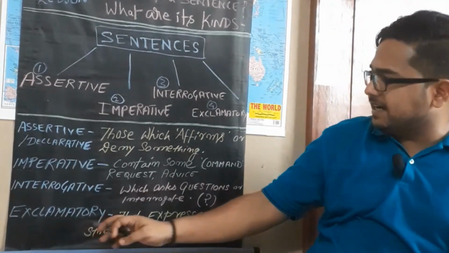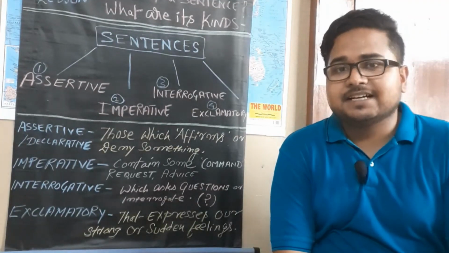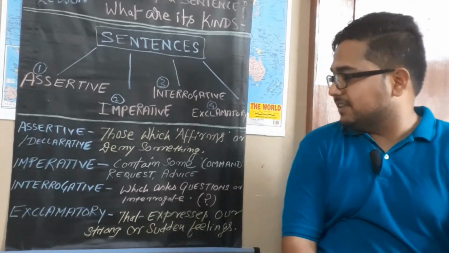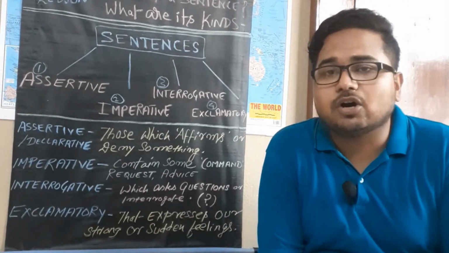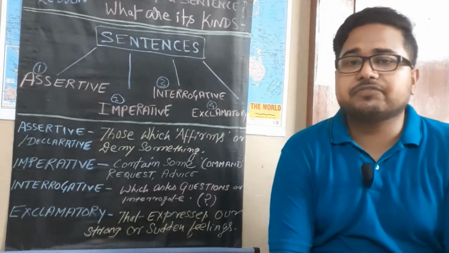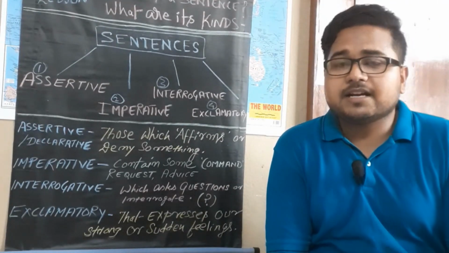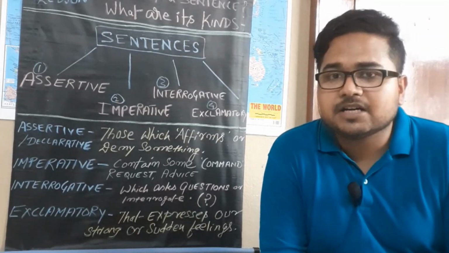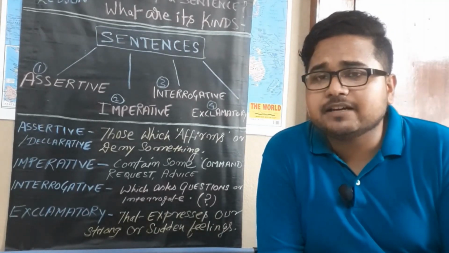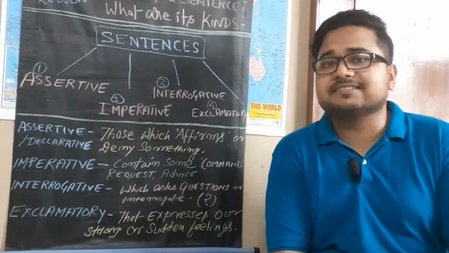The last of its kind is the exclamatory sentence. Exclamatory sentences express our hard and soft feelings. Hard and soft feelings that can be alas, hooray. Now see, they don't have any particular meaning, but if they are placed wrongly, they can make some other sense.